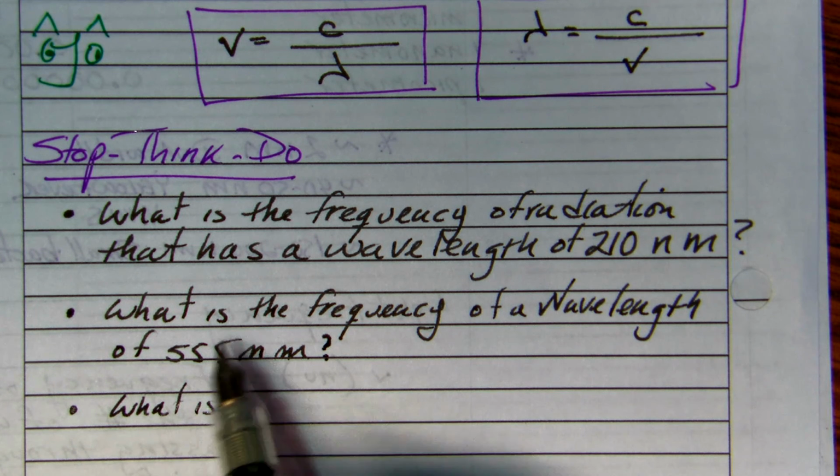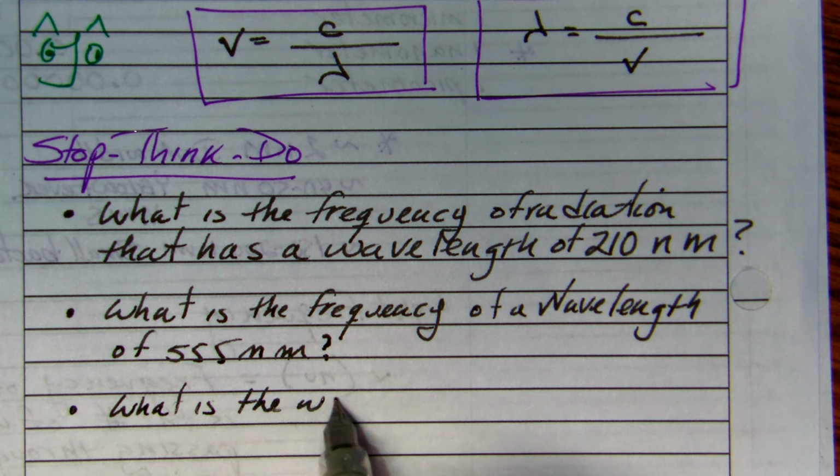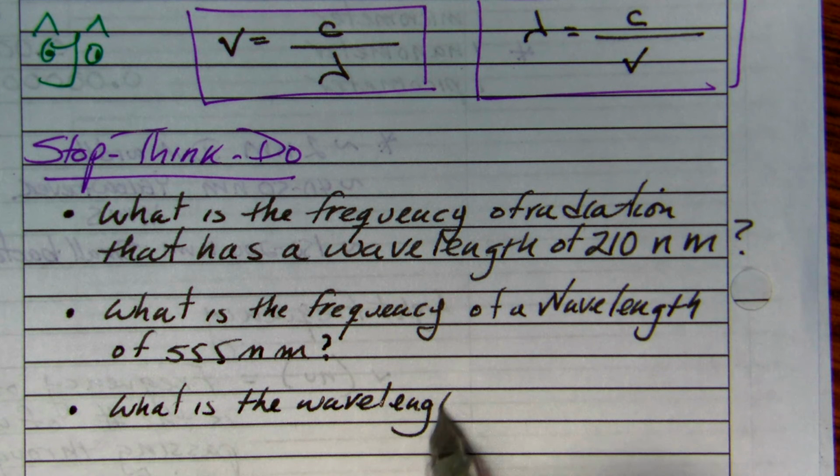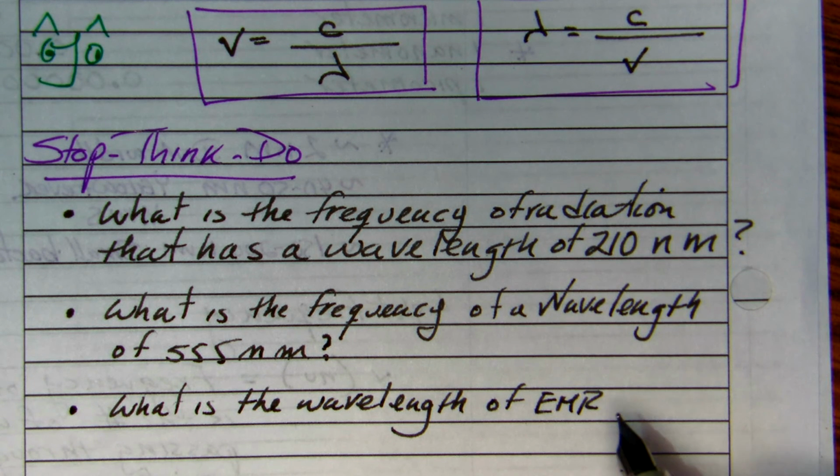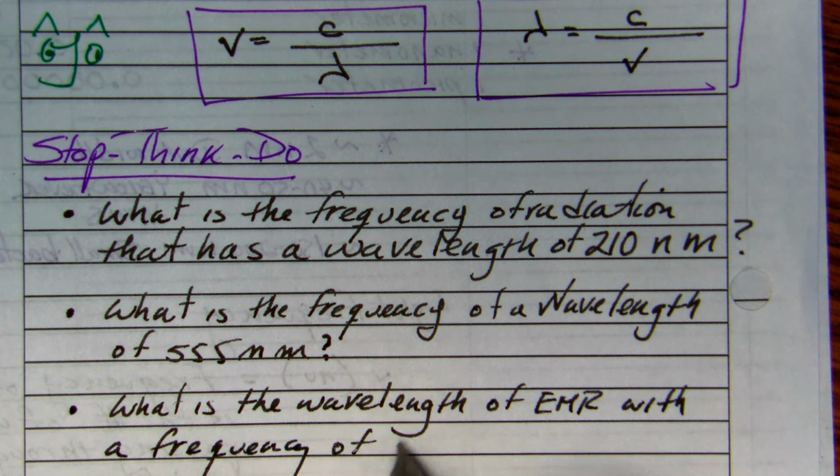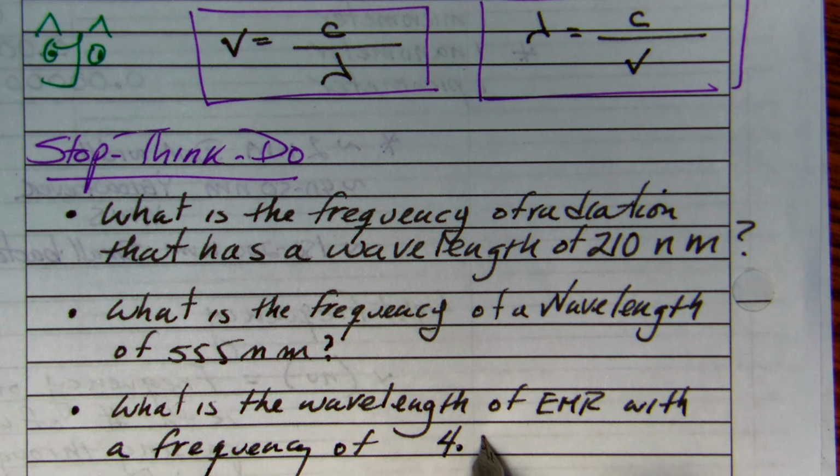What is the wavelength of EMR, electromagnetic radiation? So don't freak out over that initial, no big deal. What is the wavelength of EMR with a frequency of 4.95 times 10 to the 24 hertz?